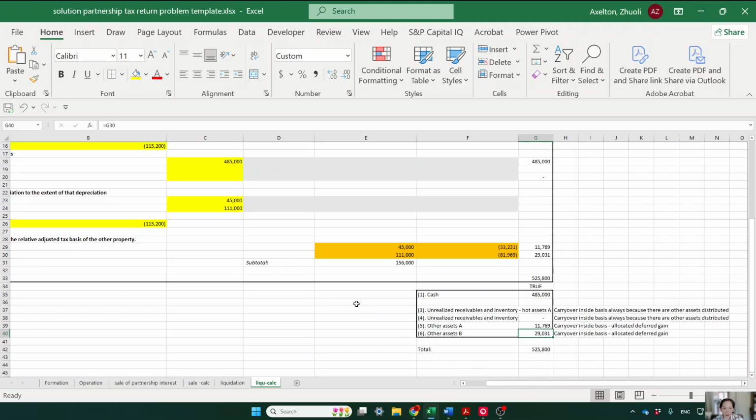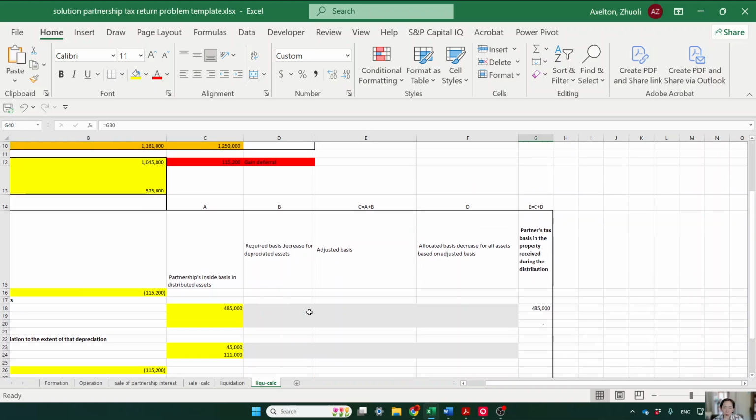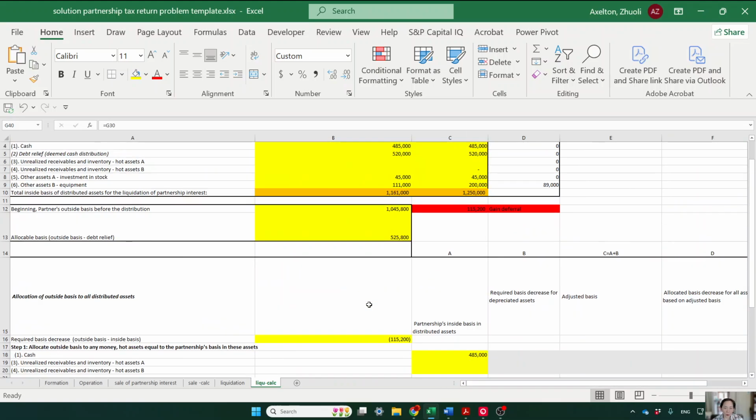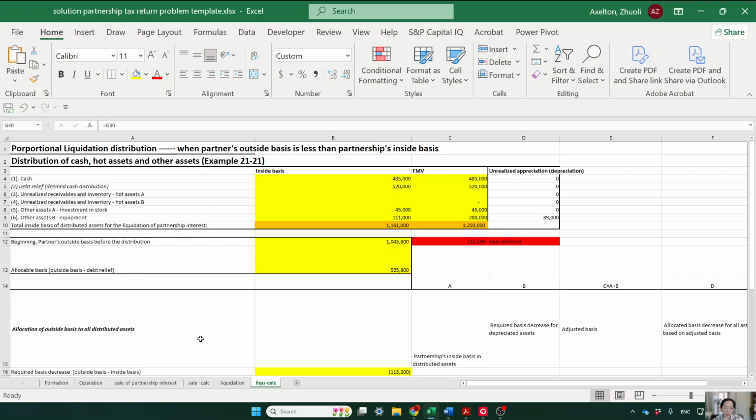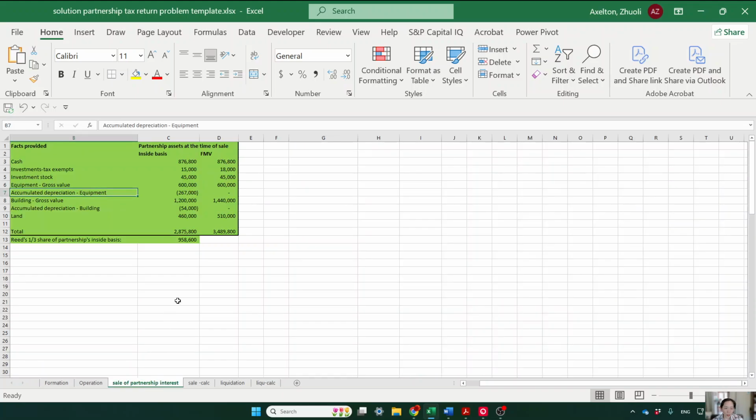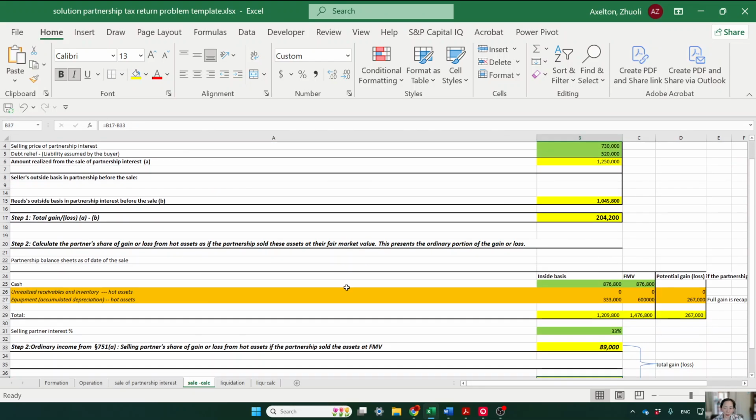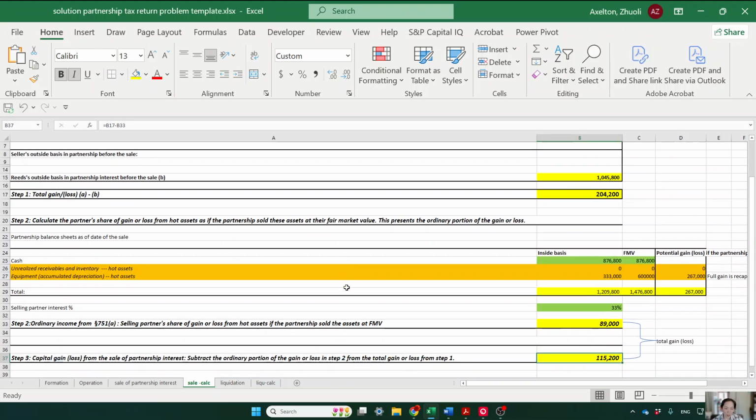Okay, so with that, once we finish the calculation of the sale of a partnership interest and the liquidation of partnership interest, you should be able to compare and contrast the two options. Really, for Reed, if he chose the sale of partnership interest, he's dealing with immediate recognition of the gain. Of course, a portion of the gain is ordinary and a portion of the gain is capital.